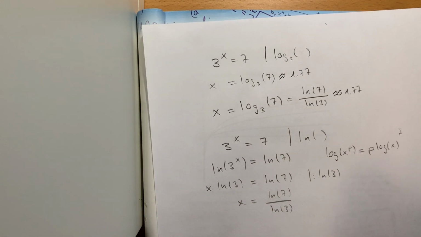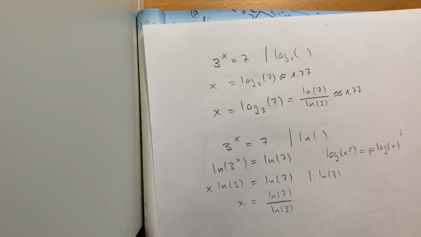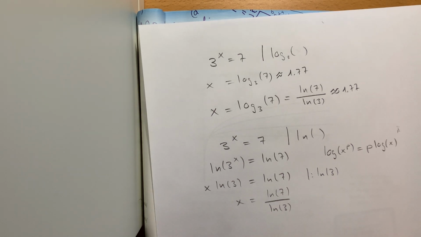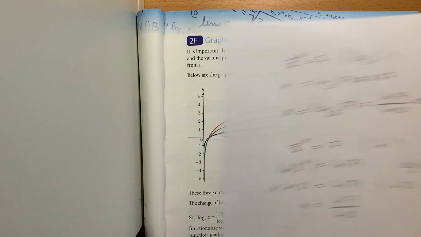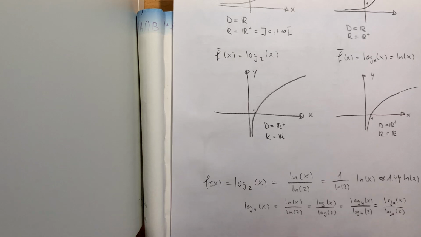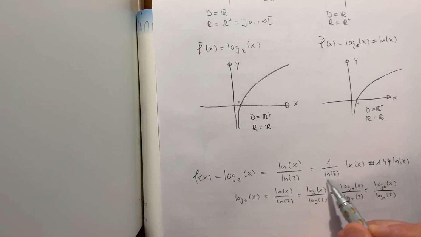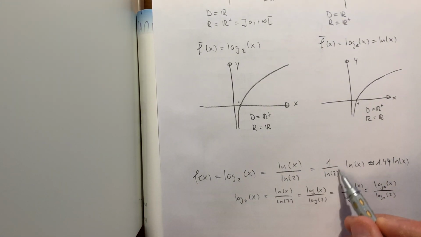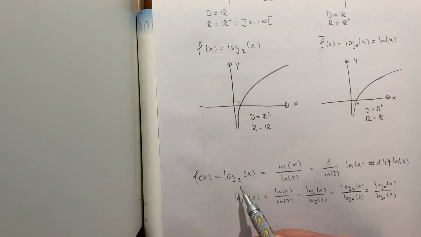So as a quick recap, every logarithm function is in fact nothing but a number multiplied by the ln function. Every logarithm to every base can be written as the ln function.